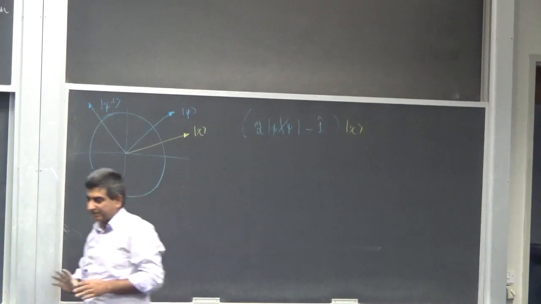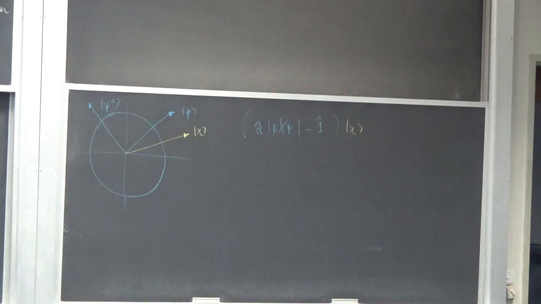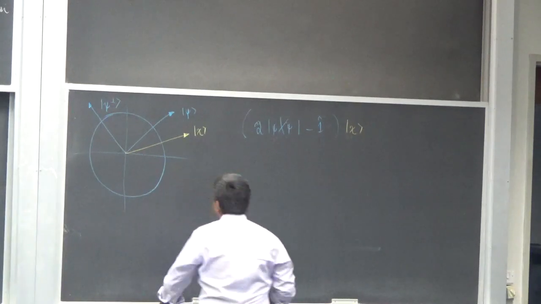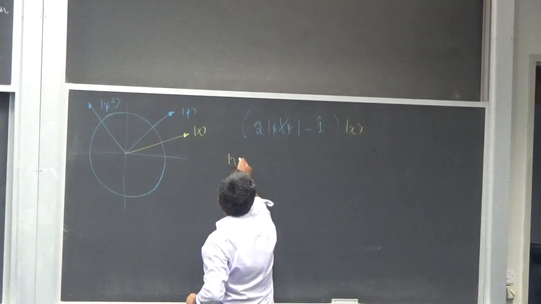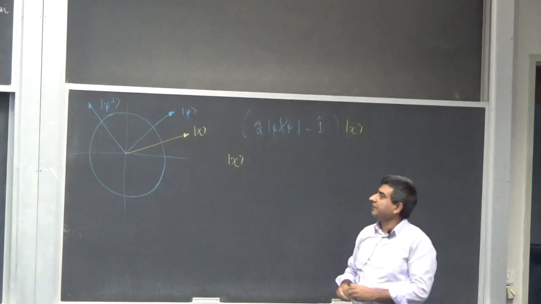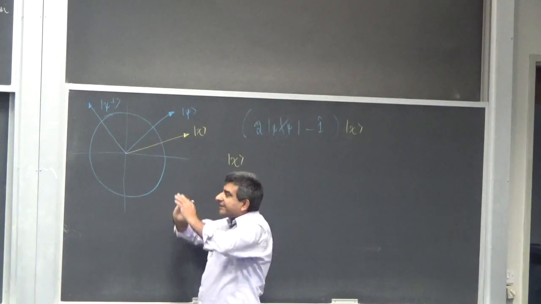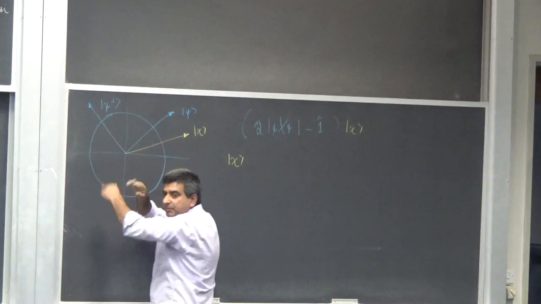Such a state will always exist. So this means that the state χ can be written in the basis that is spanned by χ and χ perpendicular.